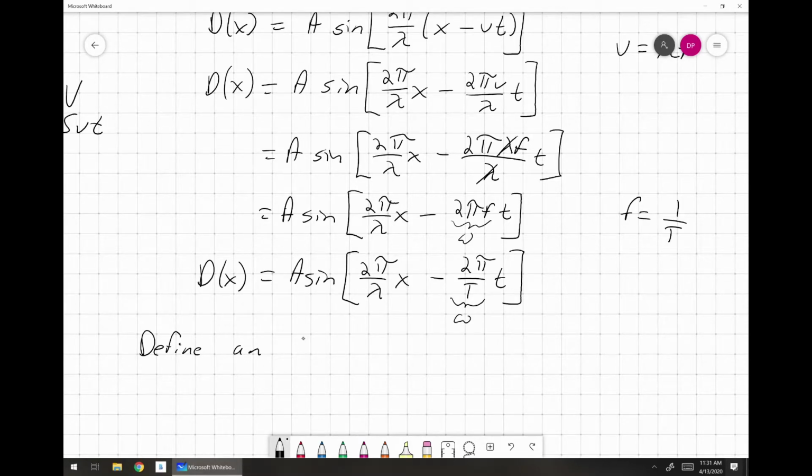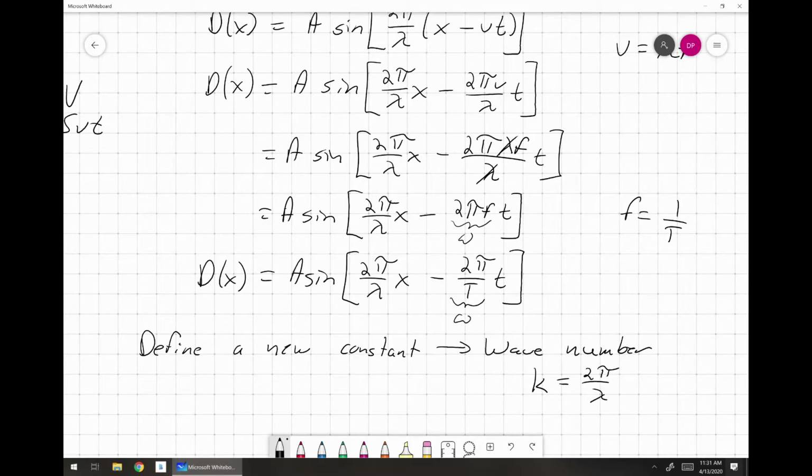And we can define a new constant, or a new variable. Well, I guess in a sense, it's going to be a constant for a fixed wavelength. And that is what we call the wave number. For the wave number, we use the symbol lowercase k, and that's going to be 2 pi over the wavelength.